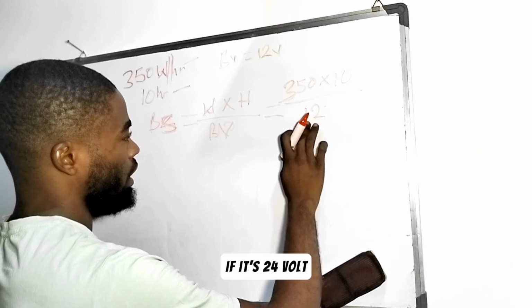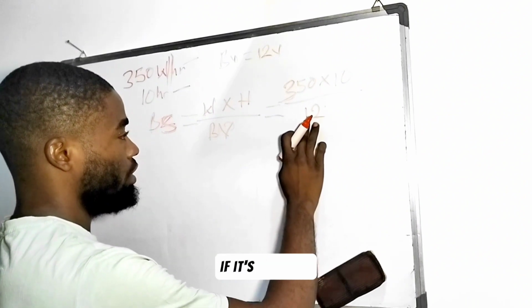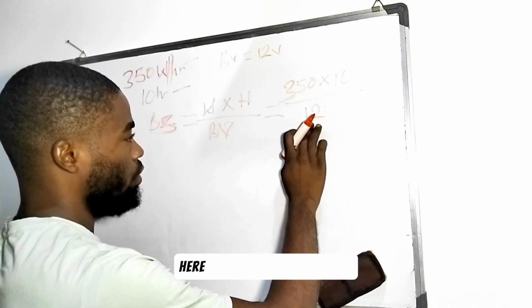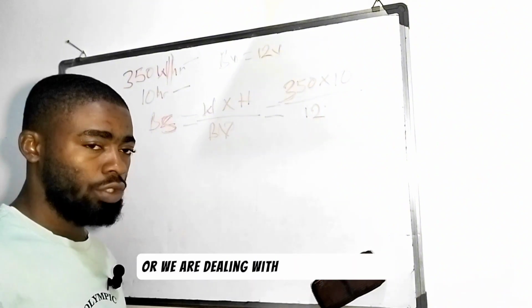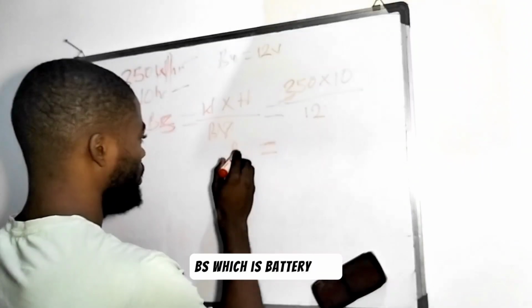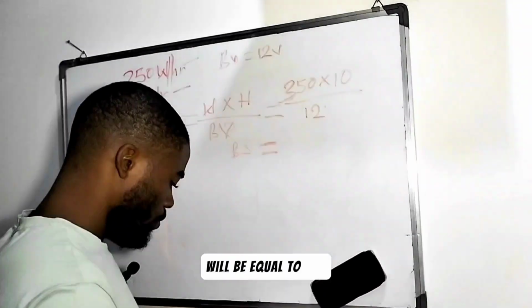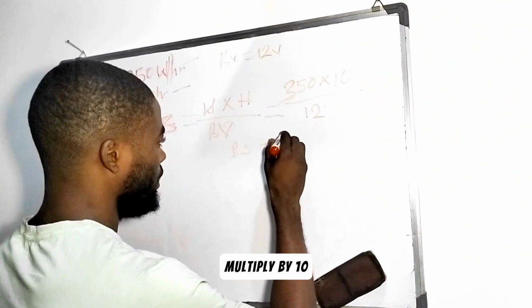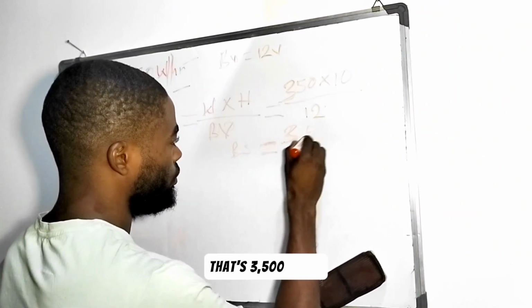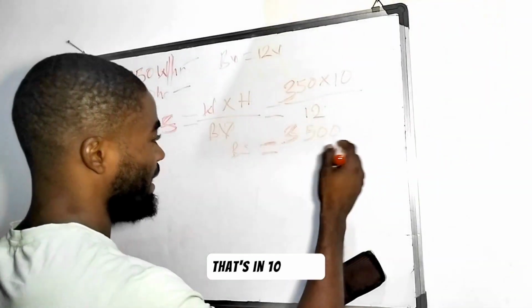If it's 24 volt, then here would have been 24 volt. If it's 36 volt, here would have been 36 volt. If it's 48 volt, here would have been 48 volt. But we are dealing with a 12 volt system, so we'll be working with 12 volt. BS, which is battery size, will be equal to 350 multiplied by 10. That's 3,500 watts in 10 hours.